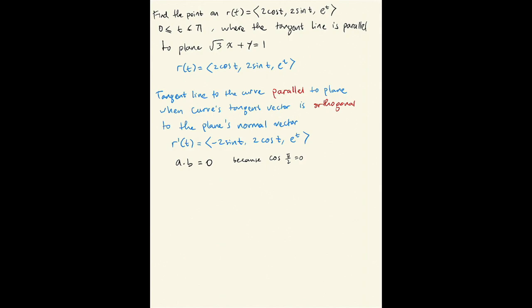So the plane itself, the normal is square root of 3, 1, 0, right? So we can dot these two.